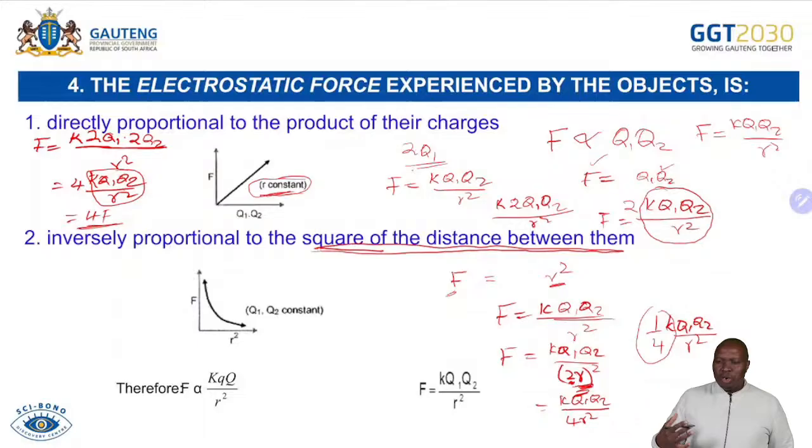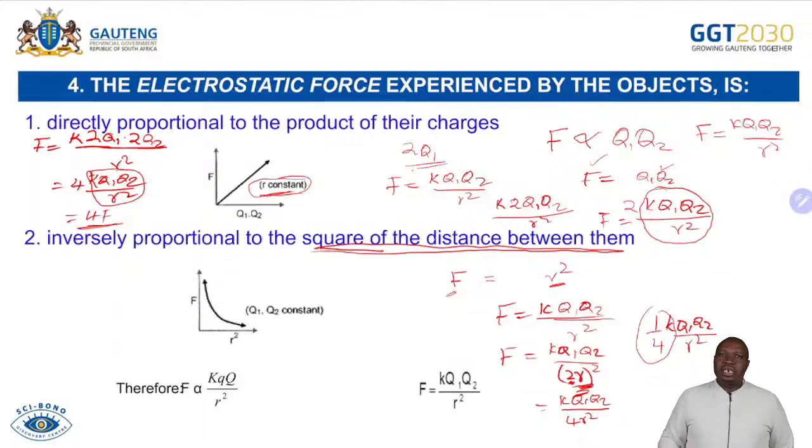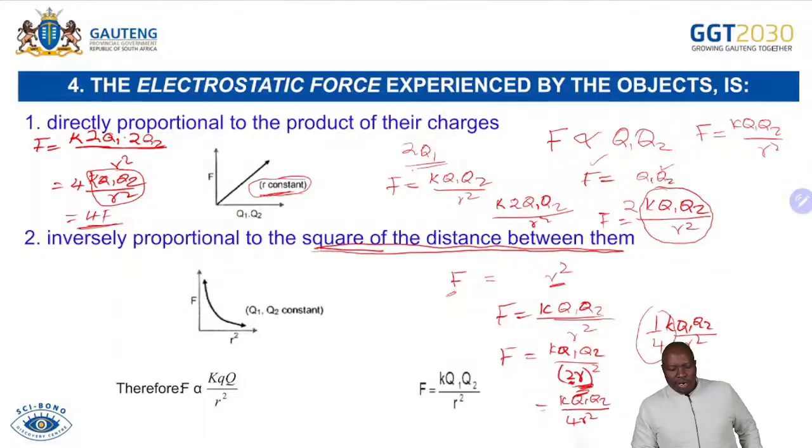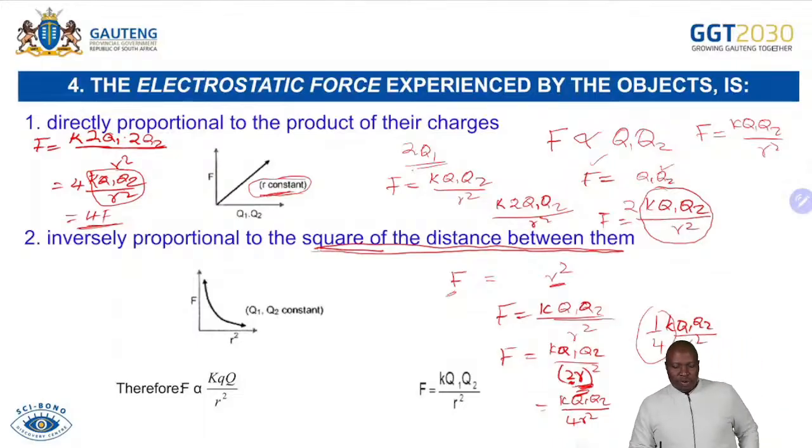When we double the distance, the force will decrease by 1 over 4. And if we multiply the distance by 3, it will be 3 squared, which means our force will decrease by a factor of 1 over 9. Please always remember this as and when you do questions; this relationship is important, as well as these graphs. I hope I've instilled that in you.